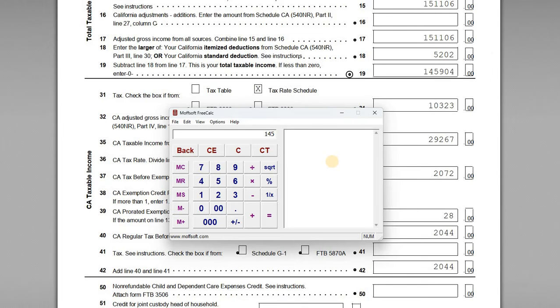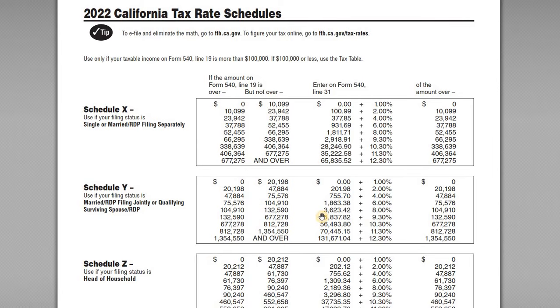So if I take $145,904 and have a look at the range here, we're at $145,000, we're within this range, right? The 66,000 to 338,000. So the tax computation is whatever our income is, the excess over 66,295 plus 2,918.